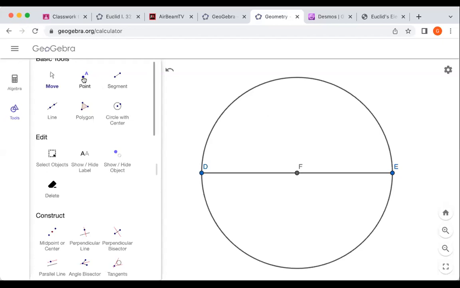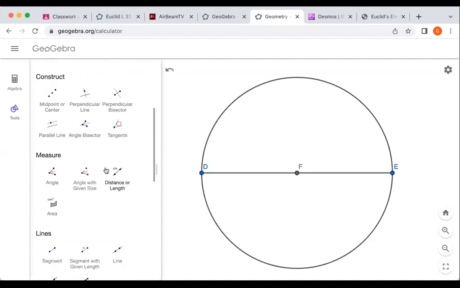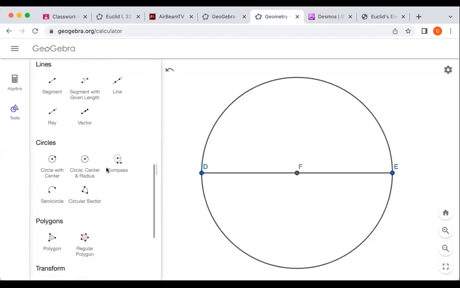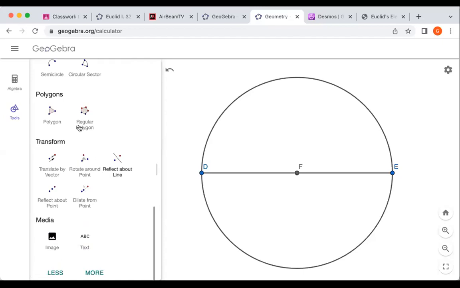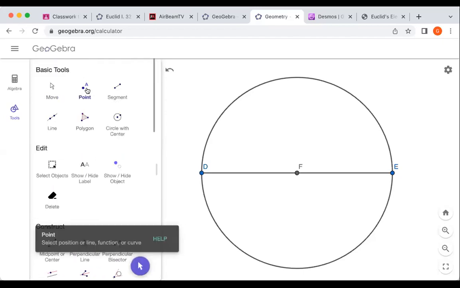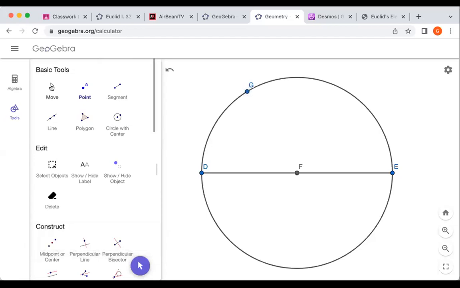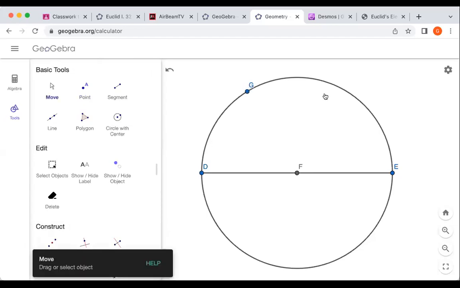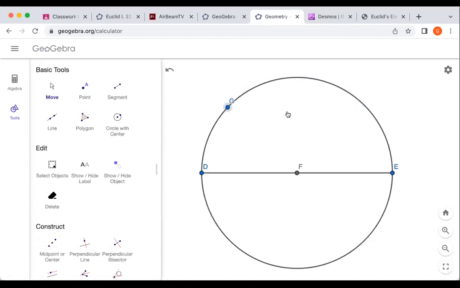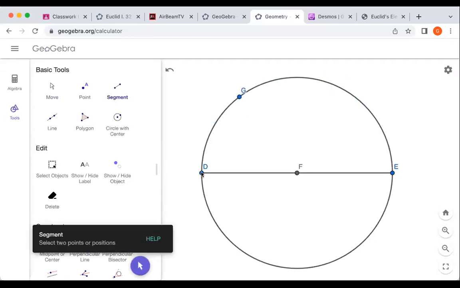Check this out. Point. I need a point on an object. I'm not liking this view of it. Let's see what happens. Point. Good. See, I put the point on the circle, and if I move the point around, it stays on the circle. Now I make two segments.